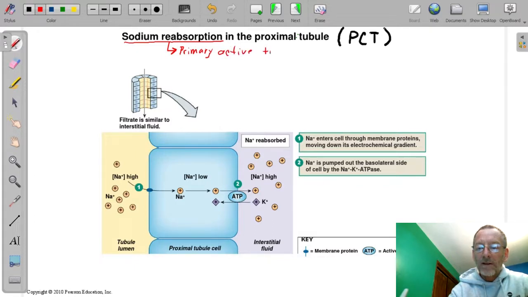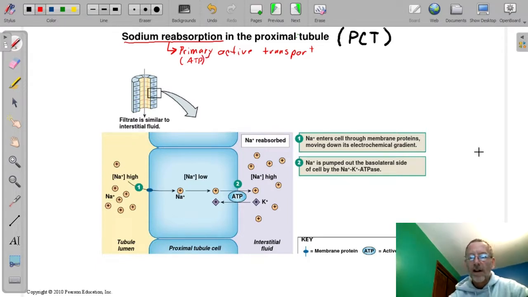Primary active transport. Remember, that means if it's primary, ATP is required. ATP hydrolysis is required for primary active transport. And again, this is going to occur on the basolateral membrane.